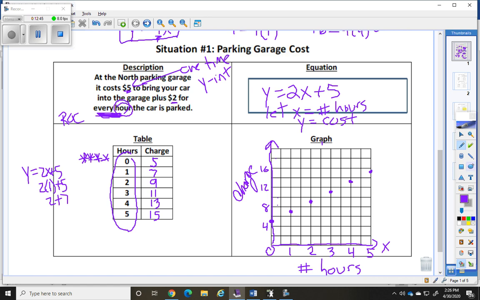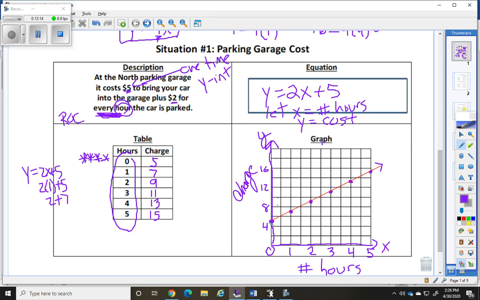And I used this program because I have a line tool on here that should help me draw a nice straight line. I could even move it if I need to, because it doesn't look like it started in the right spot. And the thing with this is that I'm not going to put an arrow over here on the y-axis, but I am going to put an arrow going out to the right.